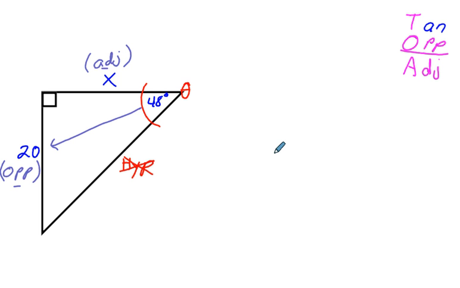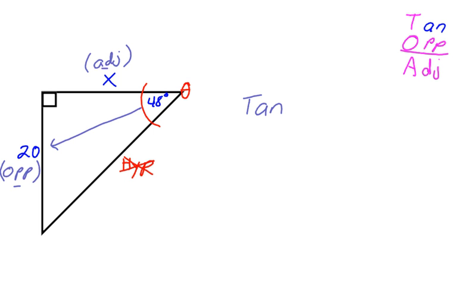The way my trig function looks, it's essentially going to just be an equation, but I have to make sure I get it set up correctly. So here's the way your trig function operates. I'm going to write tangent.